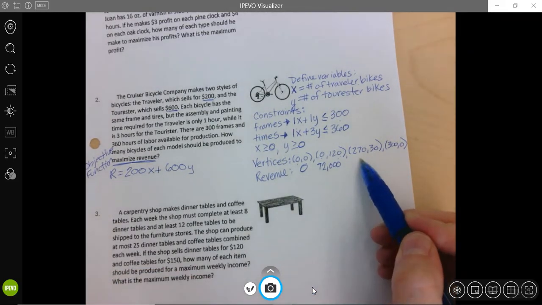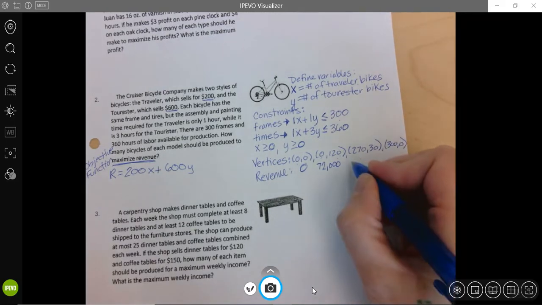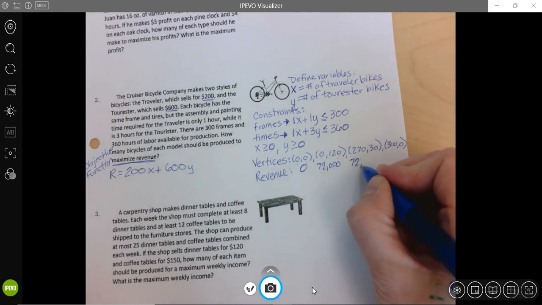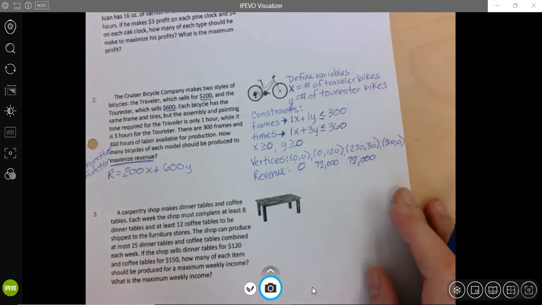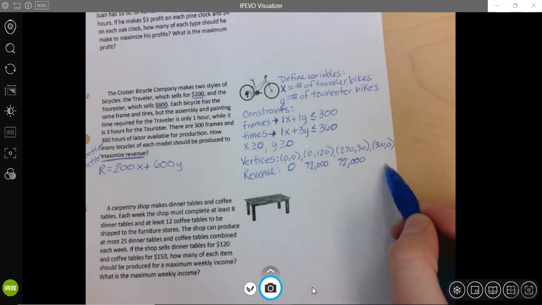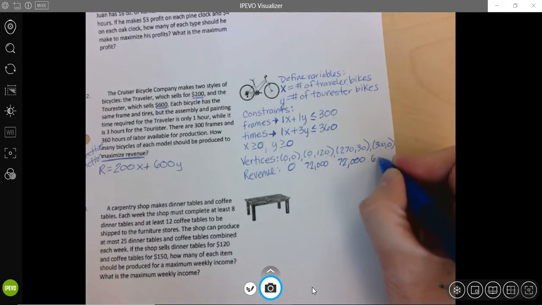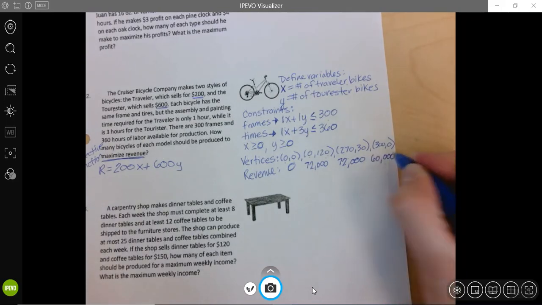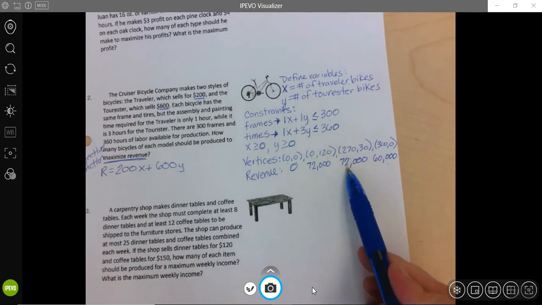For this point, what was the revenue that you got? It was 72,000 again for this point. And then the last point, what was the revenue? 60,000. Okay, so a couple of you finished already and you noticed that this is the maximum revenue, 72,000.